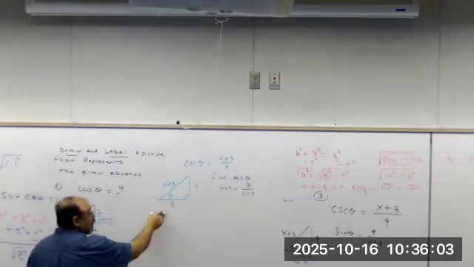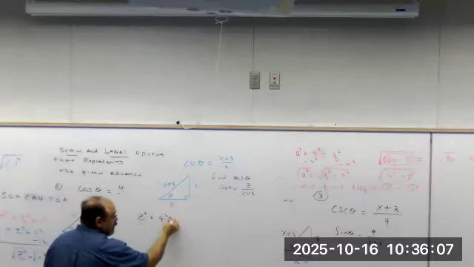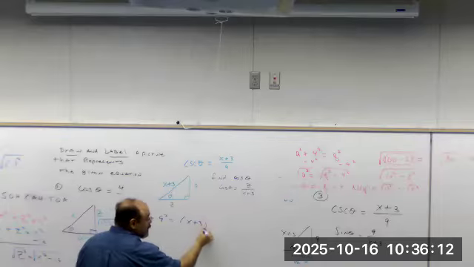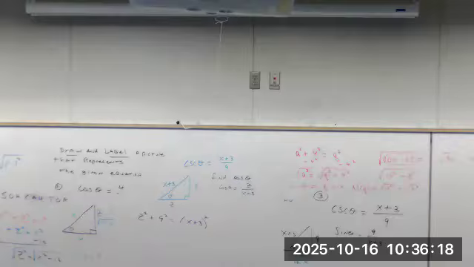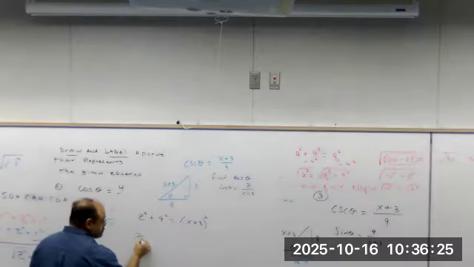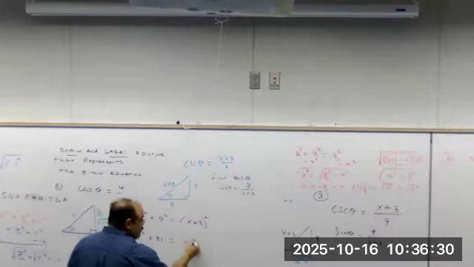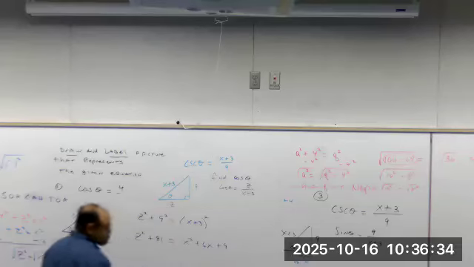And now I just have to figure out what is z. z squared plus 9 squared equals (x plus 3) squared. Base squared plus height squared equals hypotenuse squared. So z squared plus 81 is equal to x squared plus 6x plus 9.